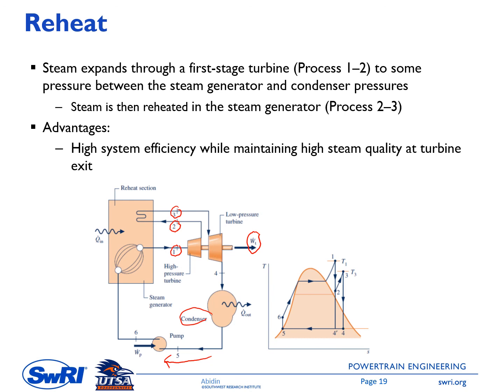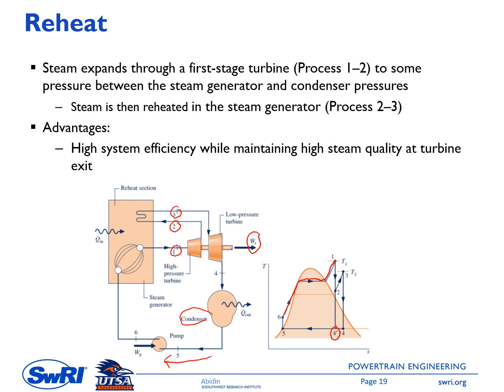Looking at the TS diagram on the right side, by having a reheater you can see that we can still maintain a high temperature on the high pressure side, while maintaining high steam quality at the turbine exit. Imagine if I don't have a reheater: at the turbine exit going to the condenser, the steam quality would be at point 4 prime here.